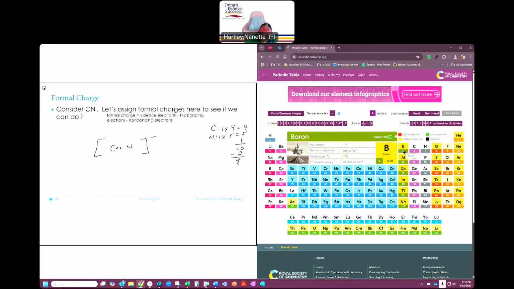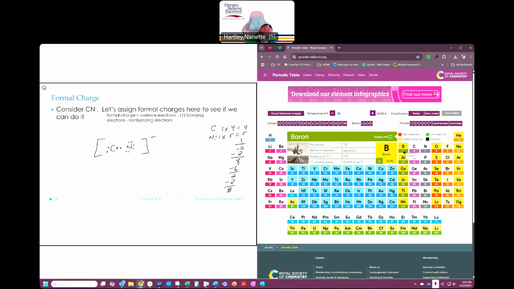We then have 8 electrons that are left. So we have 1, 2, 3, 4, 5, 6 that are distributed around the nitrogen, and that leaves us with 2 that we put on this carbon. Okay, so that's the initial structure that I would draw based on the rules that we have so far.